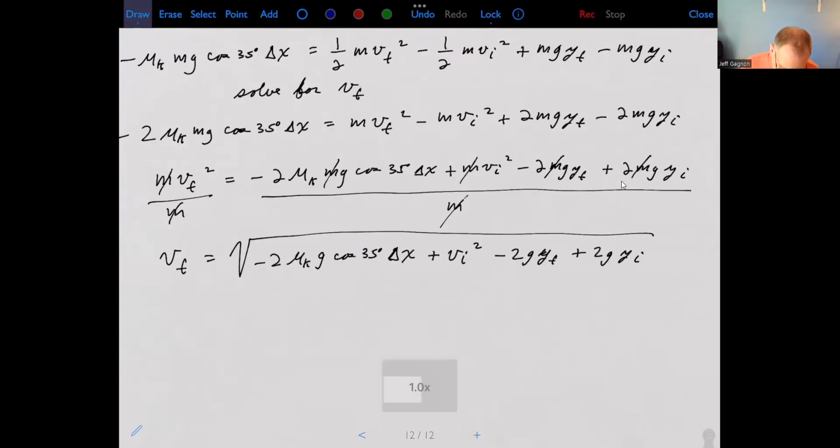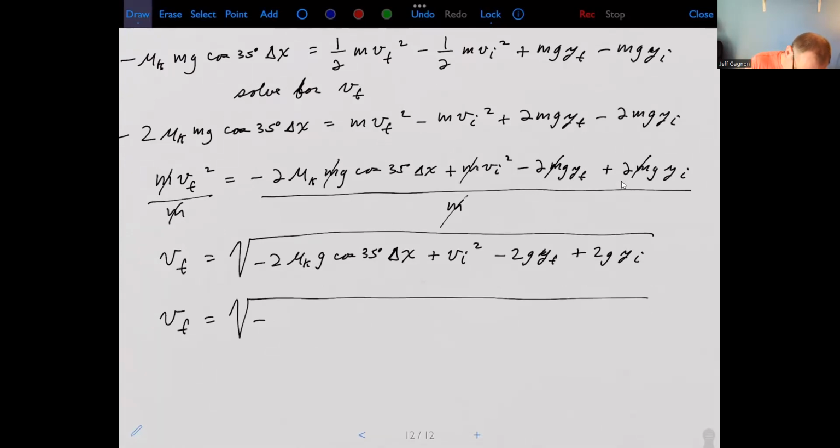And then I can plug in. So -2, mu k was 0.08, g of course is 9.8, then I have cosine of 35 degrees. Delta x, remember we had to figure out the length of that ramp, which is 4.36. Plus v initial, that was 12, right, squared.